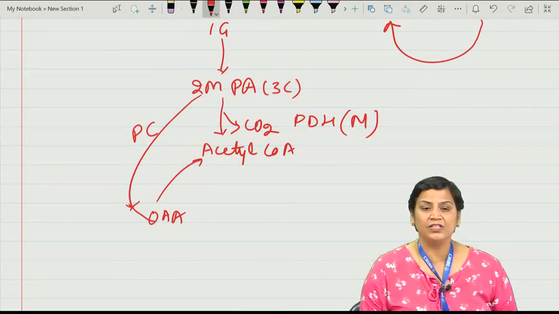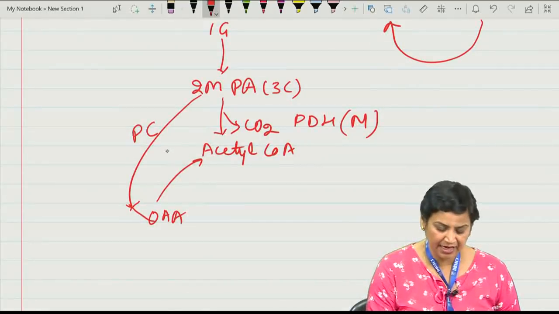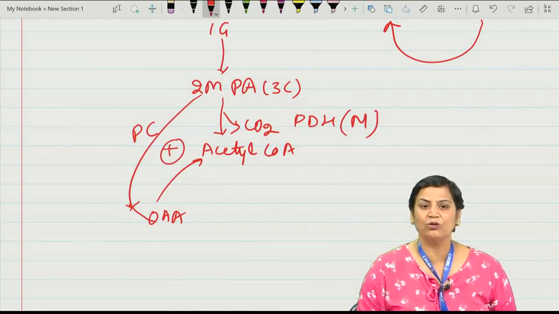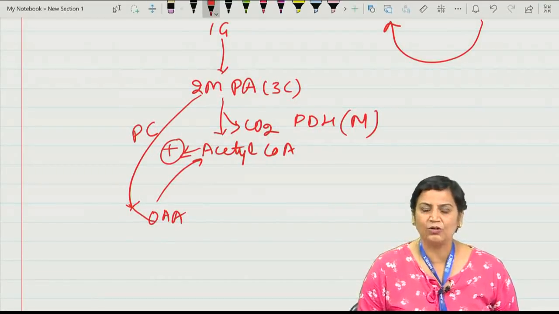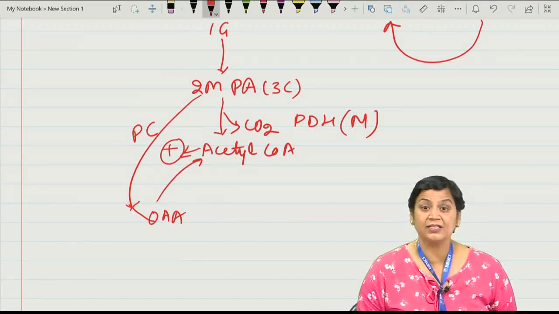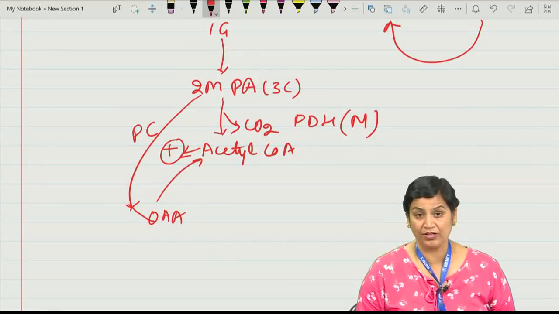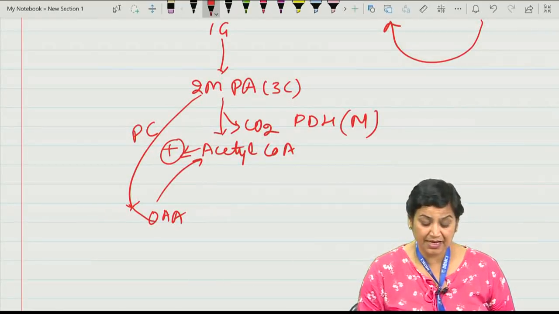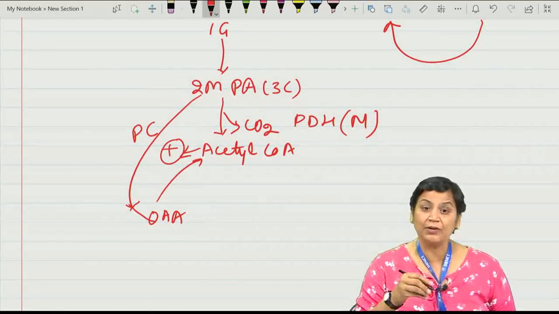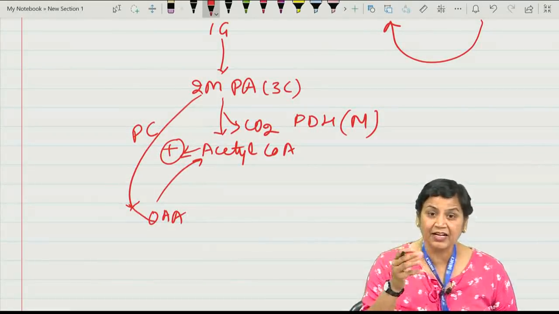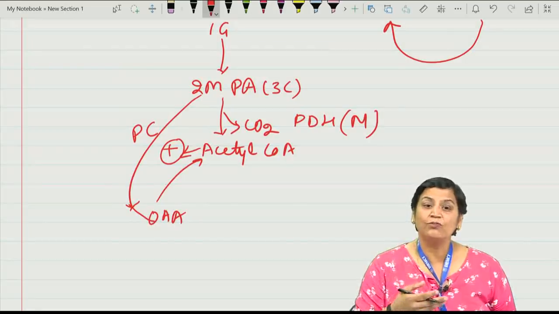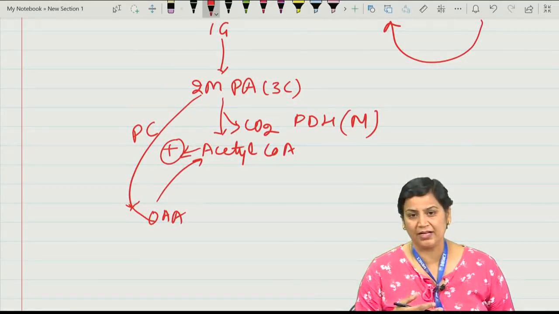And a very interesting feature about this reaction is that acetyl coenzyme A is a positive allosteric modulator of this reaction. That is why we say gluconeogenesis is always accelerated during prolonged starvation. The reason behind this is acetyl coenzyme A, which is already coming from lipolysis, the degradation of fatty acids, is accelerating the conversion of pyruvic acid to oxaloacetic acid.